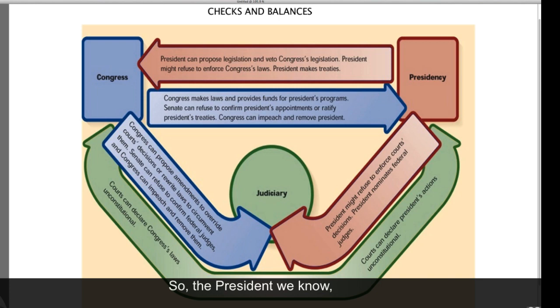So the president, we know, looking at President Nixon and the Watergate affair, there are many, many instances of abuse of power. And it is very important for the other branches to be able to intervene so that they can stop internal abuses of power inside branches other than their own.